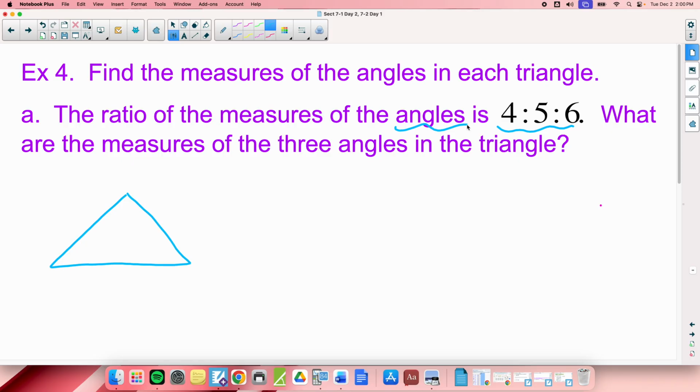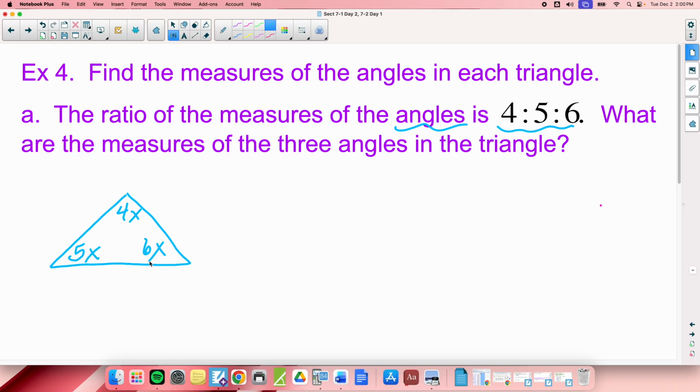Do you guys remember what we put with each of these? The x. So we're gonna put 4x, 5x, and 6x. Now, what do we know about angles? Triangles equal to 180.